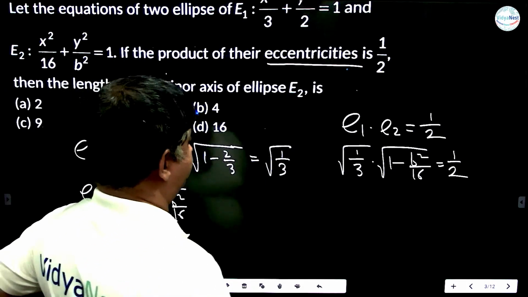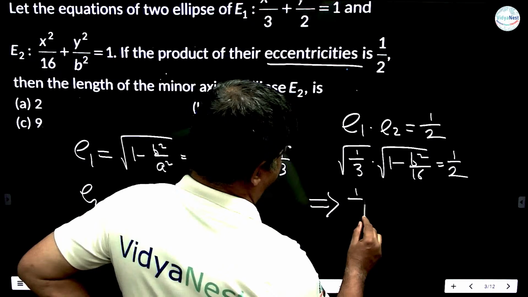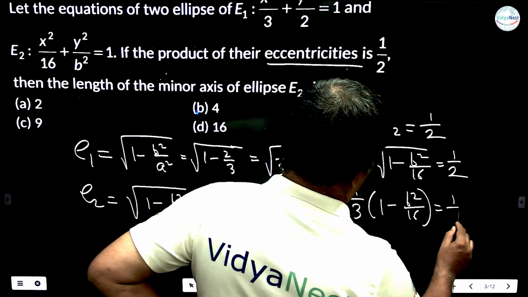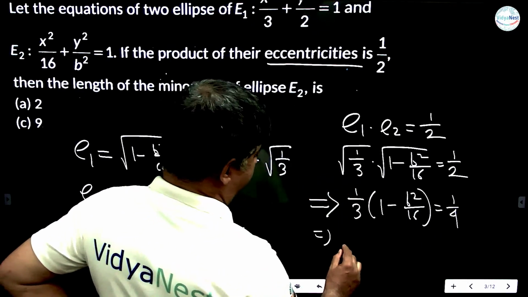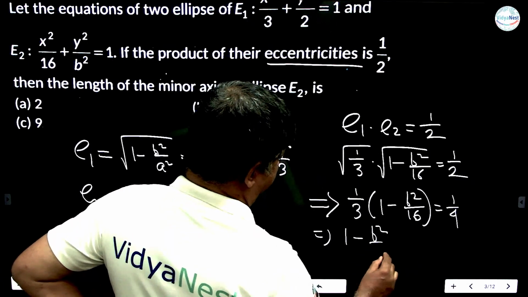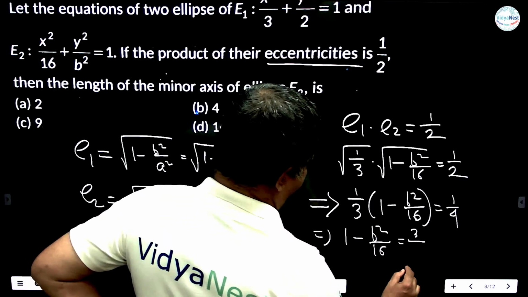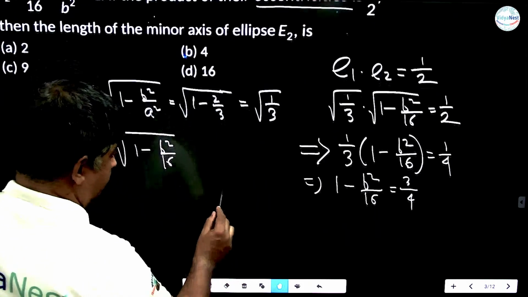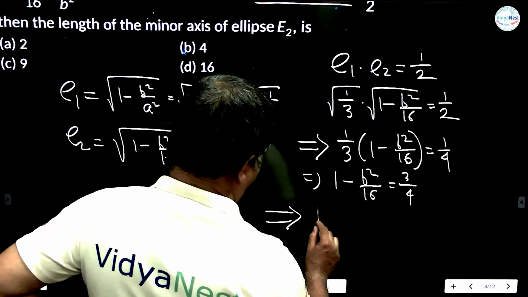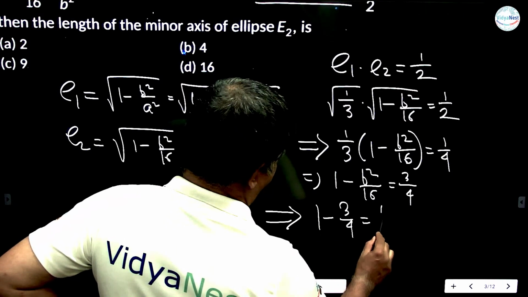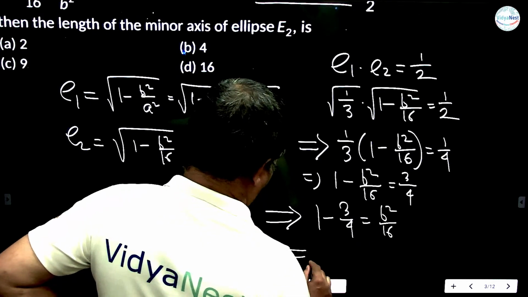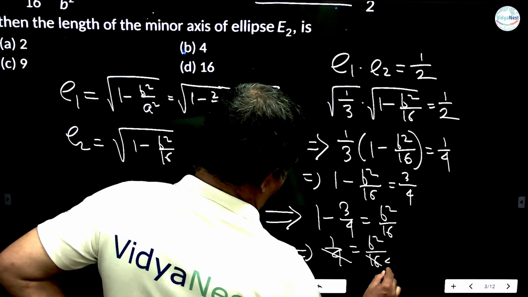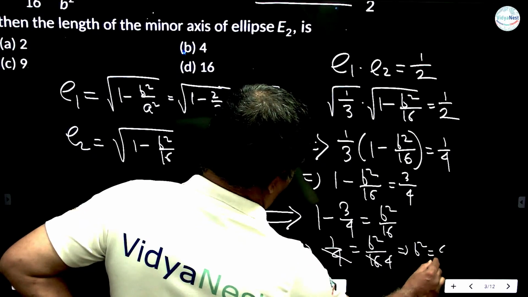Now square both sides. So b square is 4.